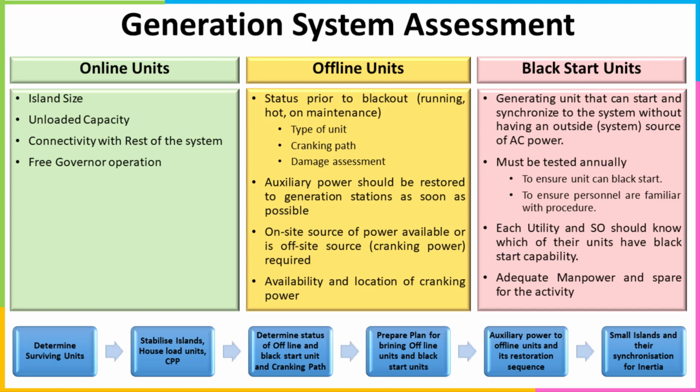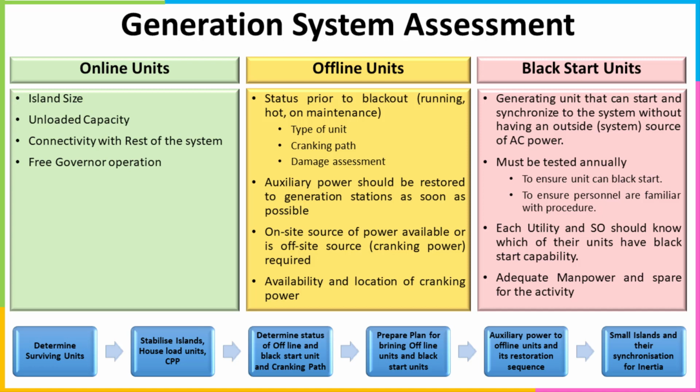It has to be there. Otherwise, the island will not stabilize by quickly reducing or quickly increasing the generation. And what is the connectivity with the rest of the system, from where you can connect it with the remaining portion? If the larger part of the power system is stable, then you have to connect immediately so that it can get a good amount of inertial support, so that frequency deviation can be further reduced.